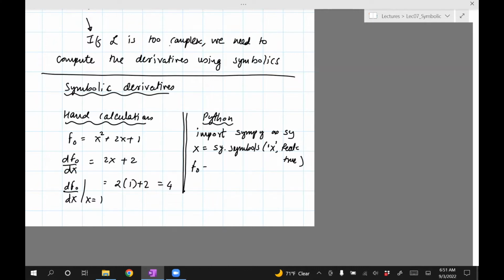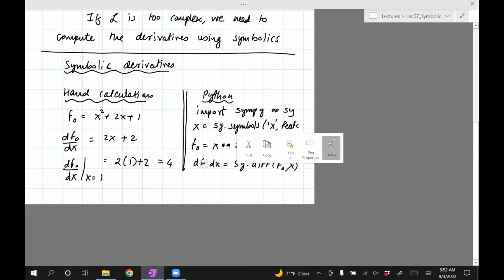Next, we define f0, which is x squared plus 2 times x plus 1, and then to find the derivative, let's call it df0 dx. It's simply sy dot diff. That's telling it to differentiate f0 with respect to x, and now df0 dx has the symbolic value.